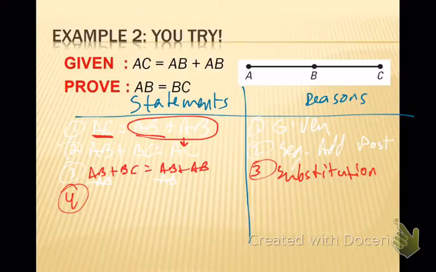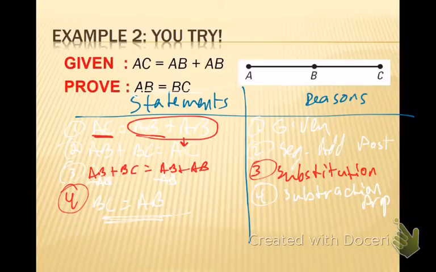But if I subtract those out, all I'm doing is subtracting the same piece from both sides, and that's allowed by the subtraction postulate, the subtraction property. And if you notice, it's exactly what we wanted to prove here and here.